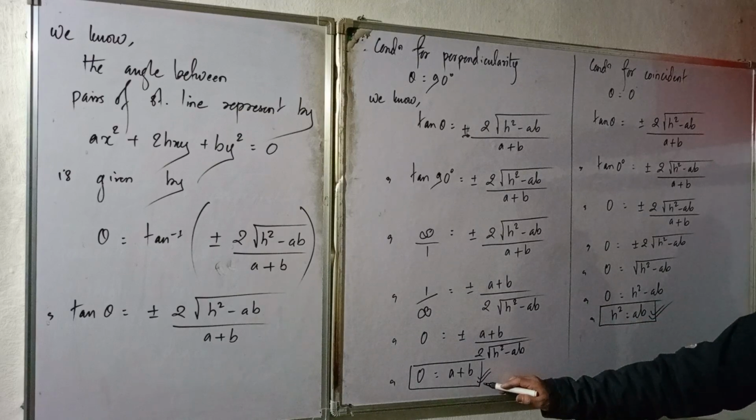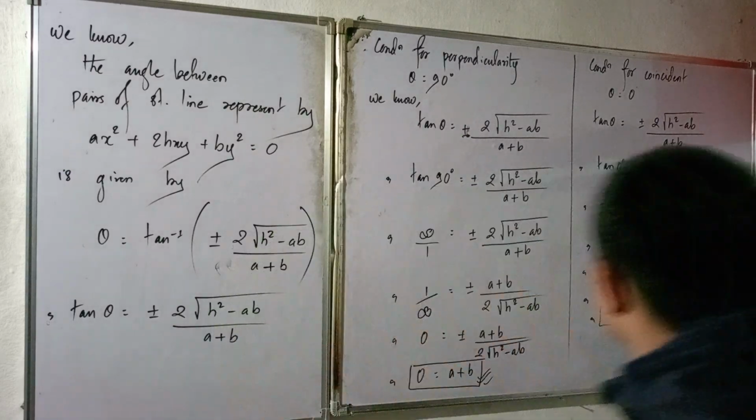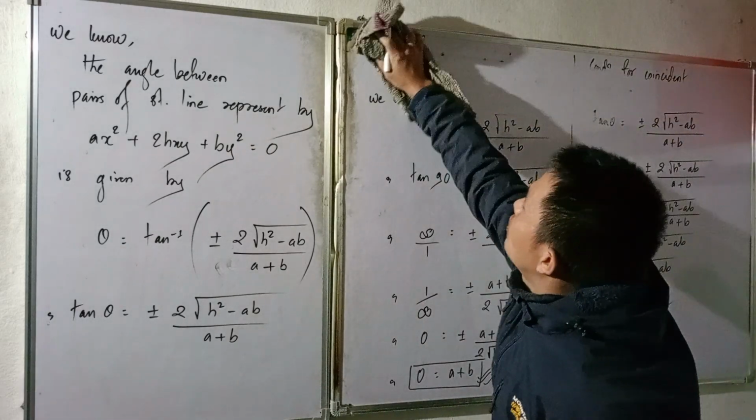This is the condition for perpendicularity between the pair of lines represented by the equation ax square plus 2hxy plus by square. And this is the condition for coincident lines. So you only need to remember these.